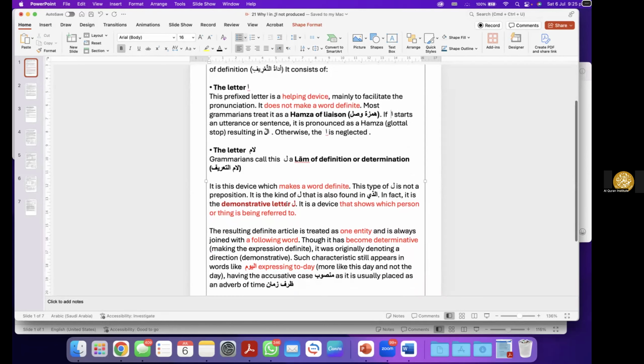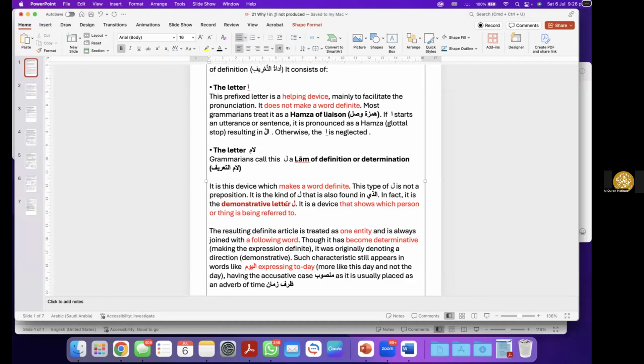So what happens with lam? I'll quickly go over this. I just wanted to share this to touch on it. So it's important that you know a bit of it. The letter lam, grammarians call this lam the lam of definition or determination, which I mentioned in the beginning.